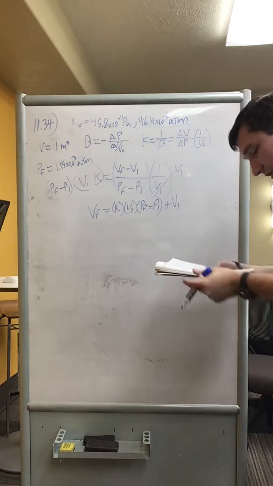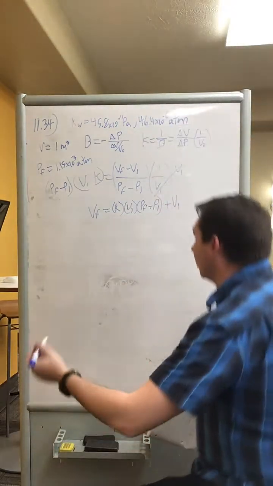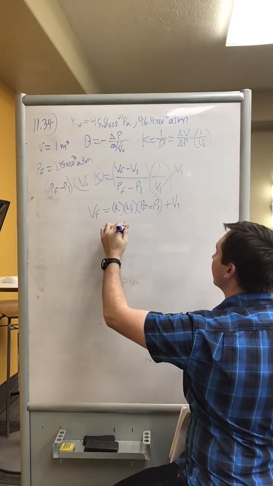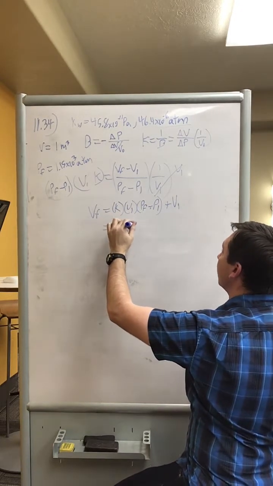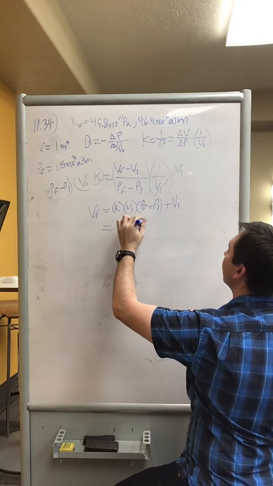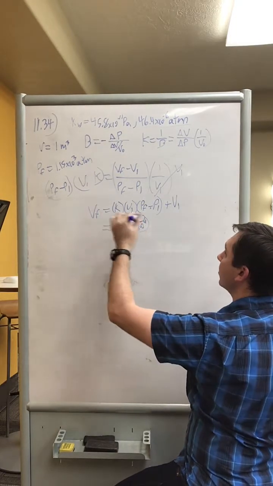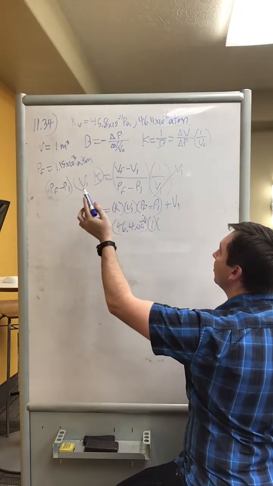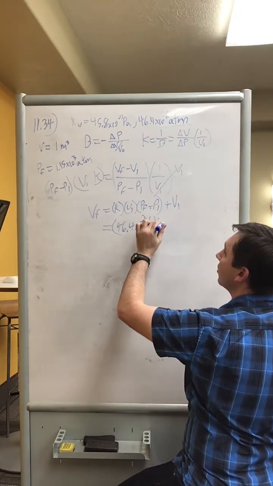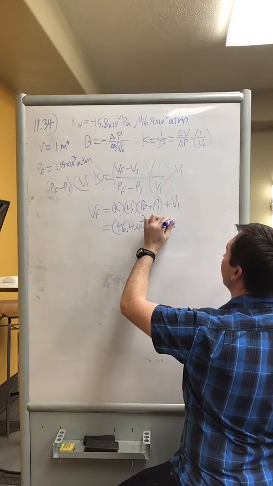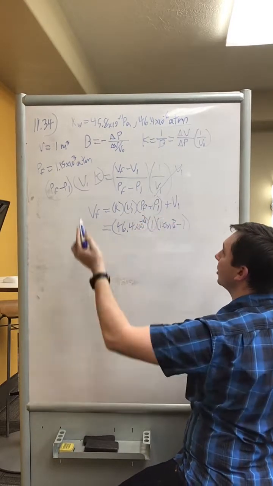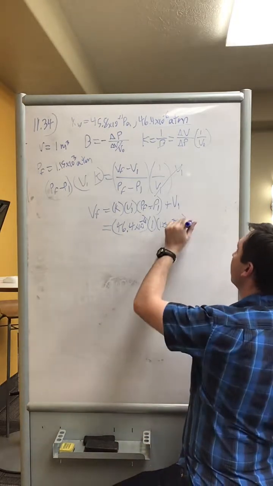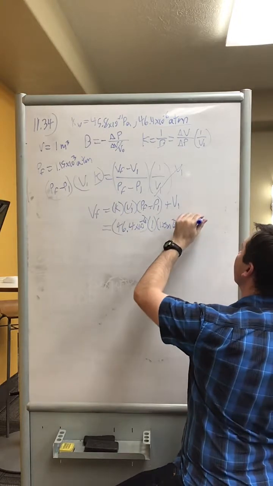Now if we substitute everything in, we're using atmospheres, so it's 46.4 times 10 to the negative 6th times 1, because it's 1 cubic meter, times the change in pressure, 1.15 times 10 to the 3rd minus 1, because it's 1 atm at sea level, plus our initial volume again of 1.